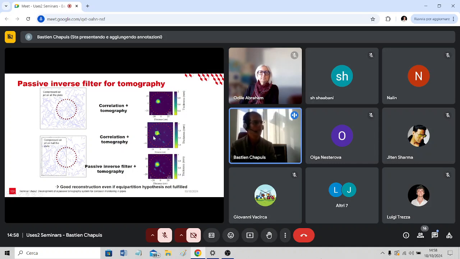There is a degradation of the algorithms, and using passive inverse filter, we can partially compensate this lack of equipartition and come back to better results. It's not perfect. We have some artifacts here, for example. So it's worse than the previous case where we have a full convergence due to the equipartition, but in that case, it can save some convergence using a passive inverse filter.